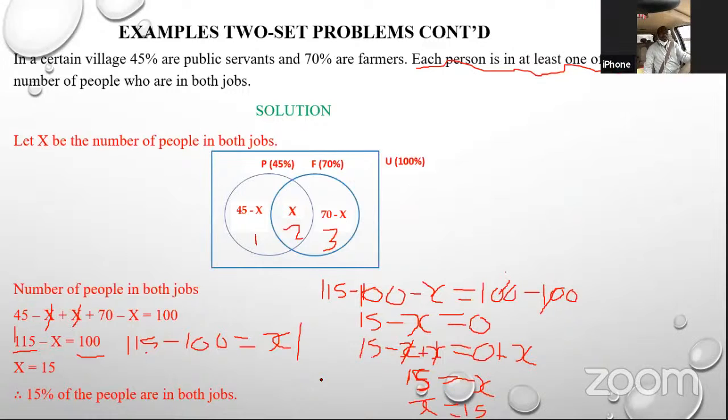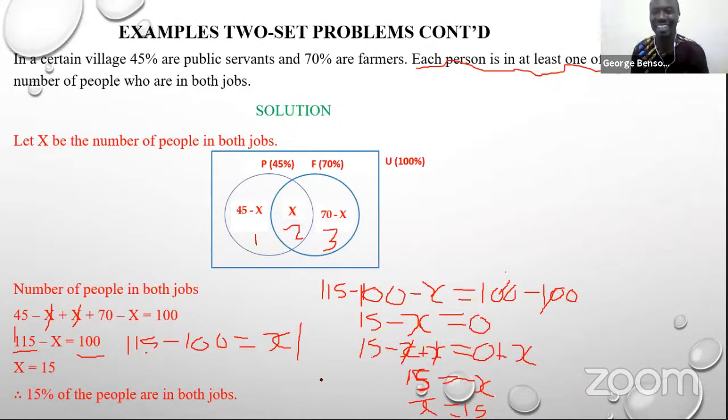But we are more familiar with the X and Y's, so the X and Y's have been suffering under our hands. But you can use any variable essentially. That's why you define it. You see, that's why you have on top here, let X be the number of people in both jobs. And at times the question specifically tells you to use X, and when the question gives that, then you have to use it.